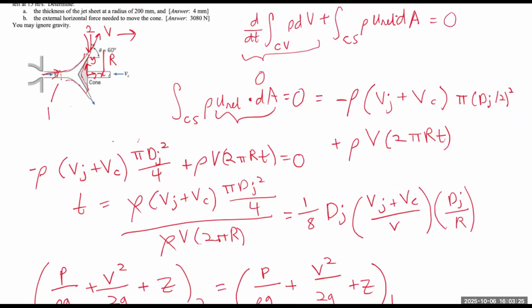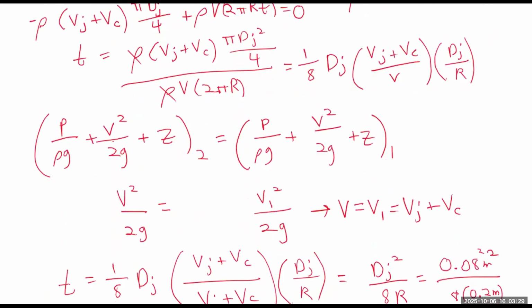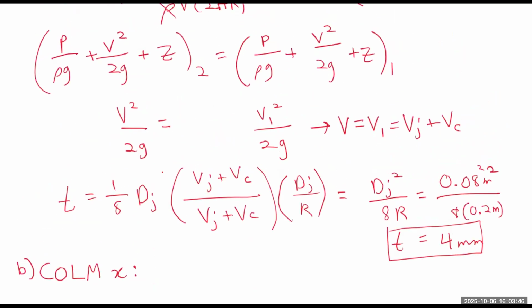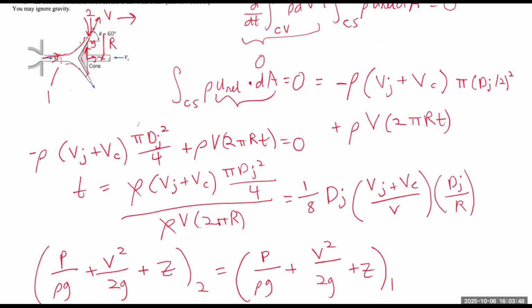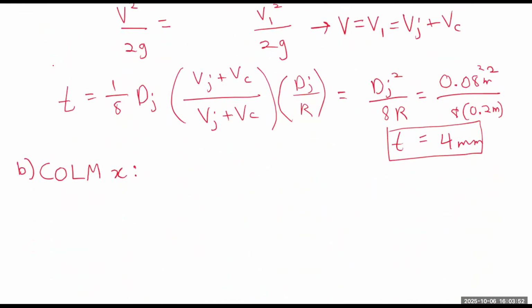But we are curious about the horizontal force, not the vertical force. So that's going to be conservation of momentum in the x direction. So we're going to use the same control volume, but using a coordinate system that is inertial, so not fixed to the cone. However, the control volume will still be moving with the water as the water changes.